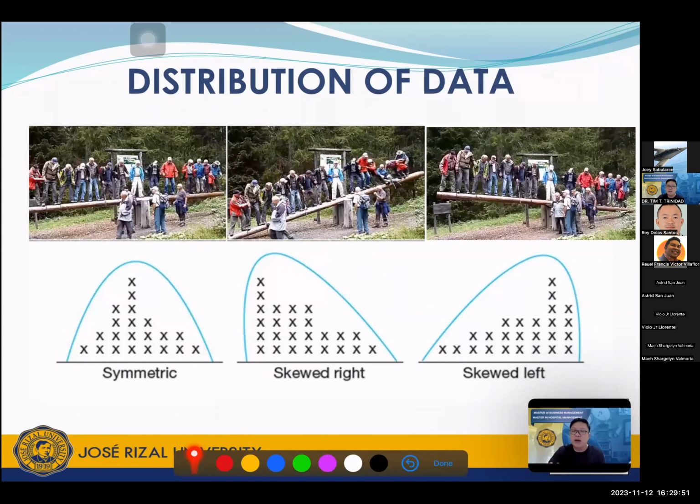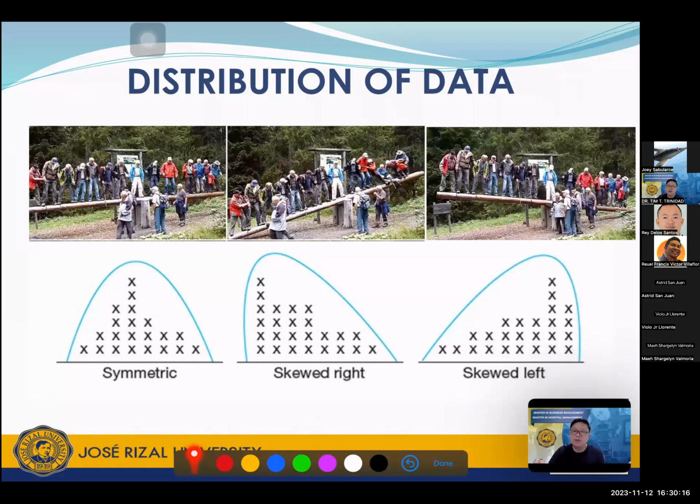Because we want to understand the distribution, how your data is being distributed, on the X and Y axis. Because their distribution affects the choice of your reporting or the statistical method that you use. Di ba sabi na natin kanina, the mode is for abnormally distributed data.